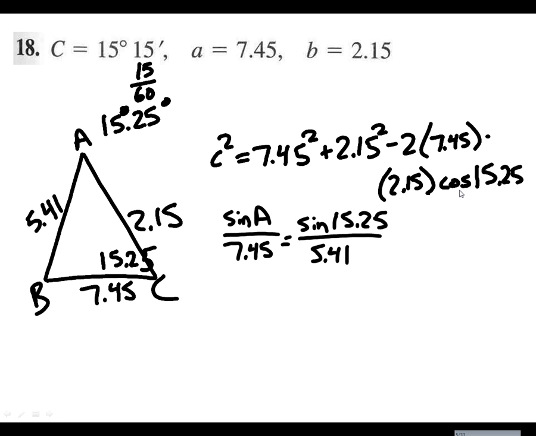Sine of 15.25 divided by 5.41 times 7.45, and I get sine of A equal to 0.36. I'll do the inverse sine of that, and I get A is 21.24 degrees.